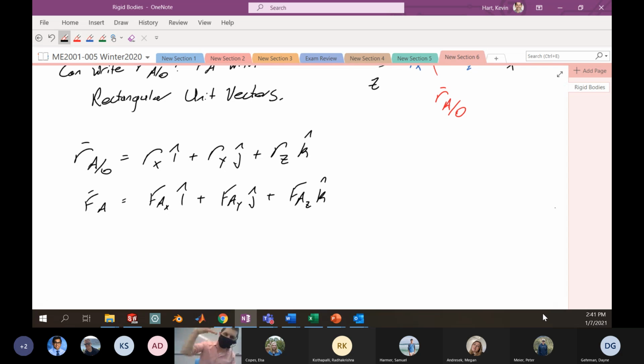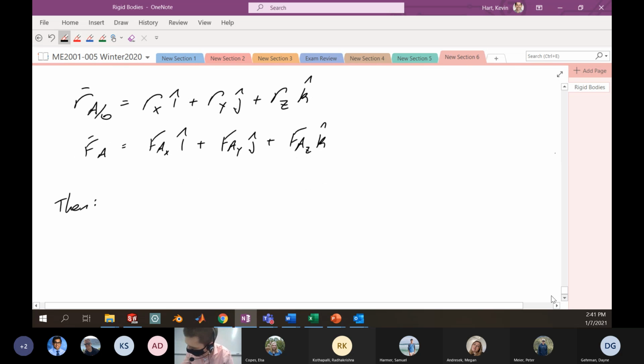Then we can use the techniques that we just learned to execute the cross product. Your moment is RAO crossed with FA, which is this strange determinant form that we just talked about.